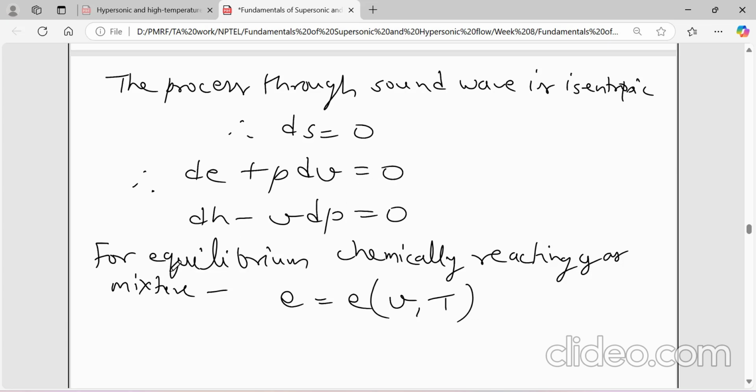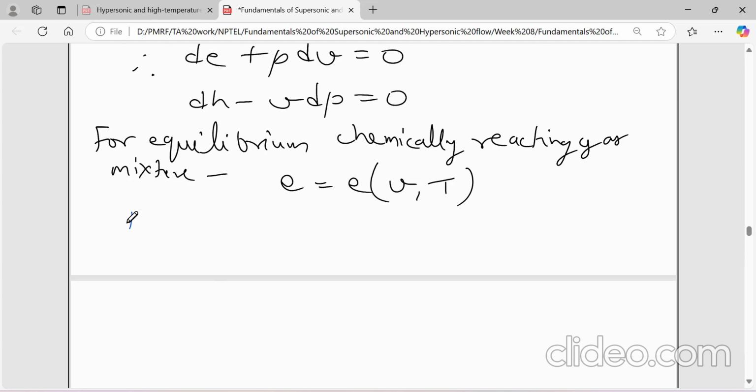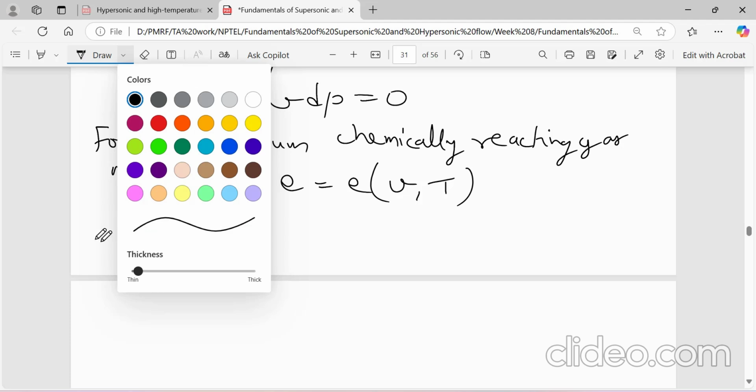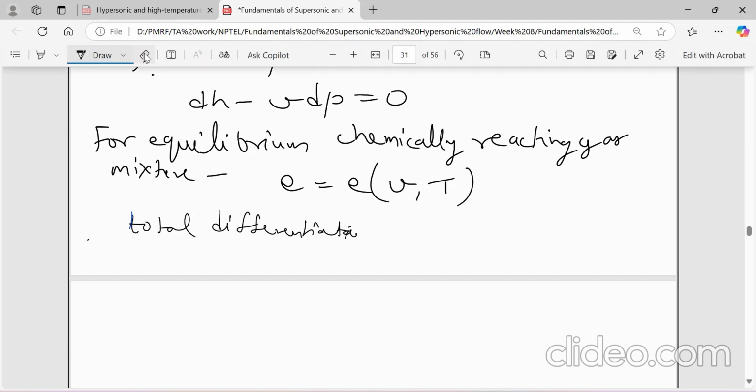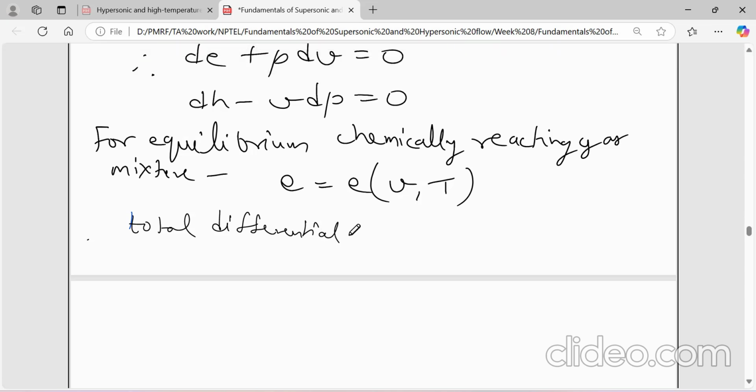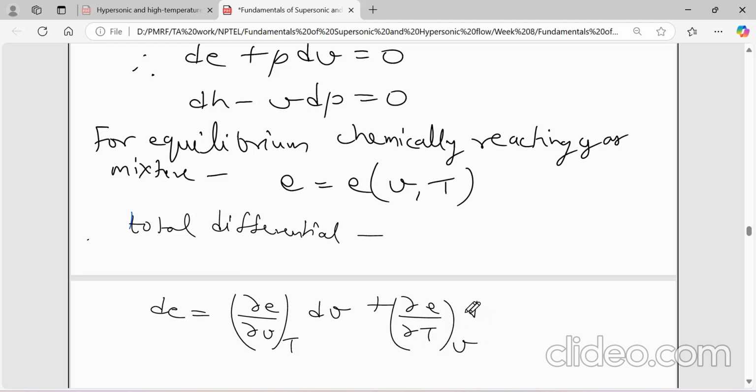Now we already know that for an equilibrium chemically reacting gas mixture, E is a function of V and T. So we can write the total differential dE equals dou E by dou V at constant temperature dV plus dou E by dou T at constant volume dT.